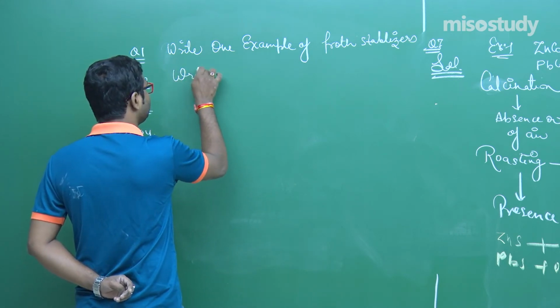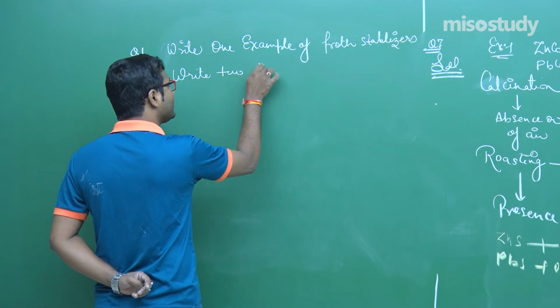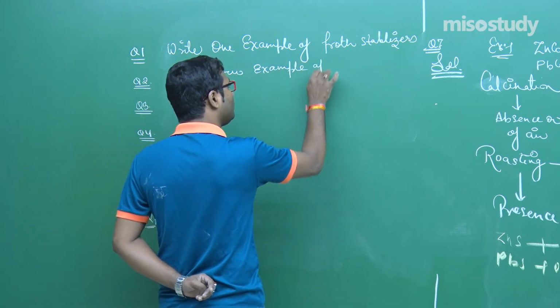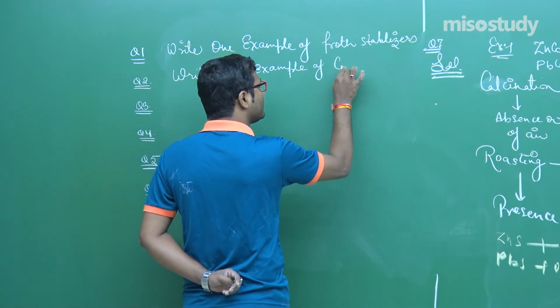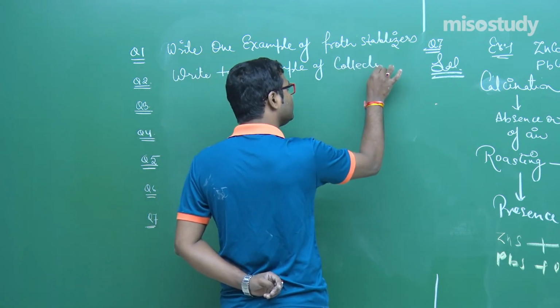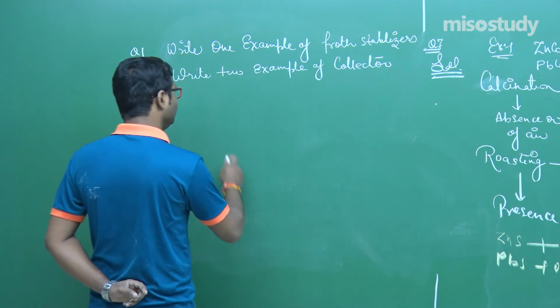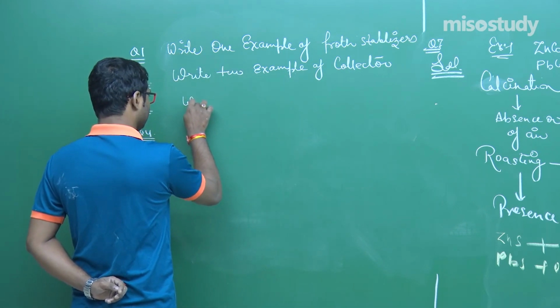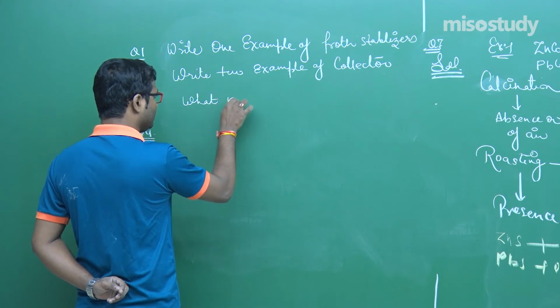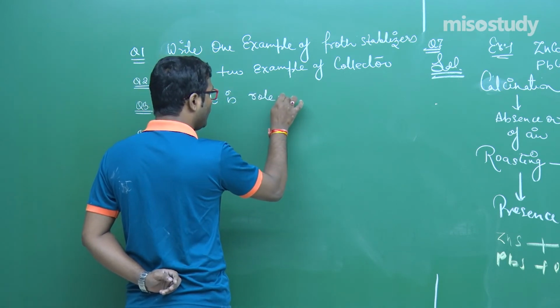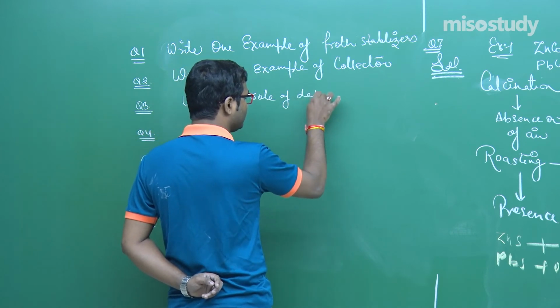Write 2 examples of collector in froth flotation process. The third one, what is the role of depressant?